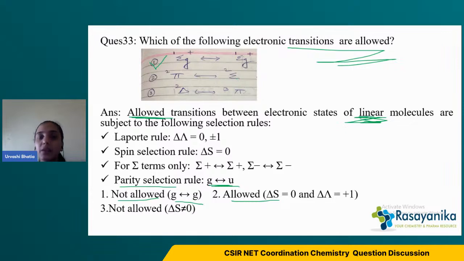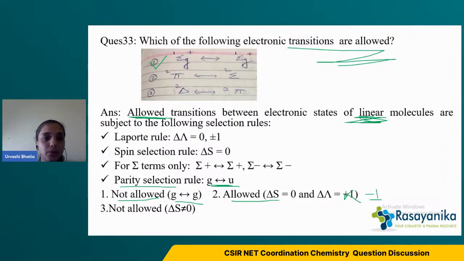For sigma we have 0, for pi we have 1, right? So, sorry, I've written this is not plus 1, this is minus 1, right? Yeah, sigma to pi. So it will be 0 minus 1, it will be minus 1. But anyway, it is allowed because it is plus minus 1, right? Laporte rule includes that the orbital angular momentum change should be either plus 1 or minus 1. So it is minus 1, so it is allowed from pi to sigma.